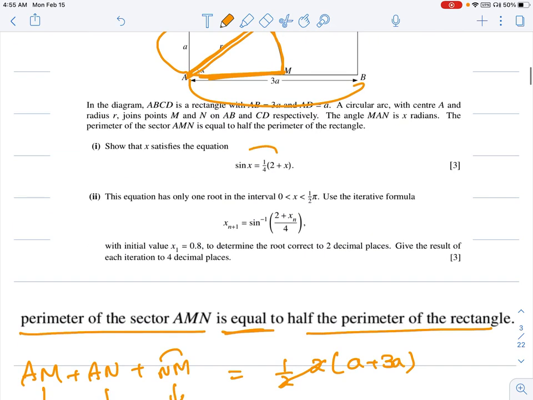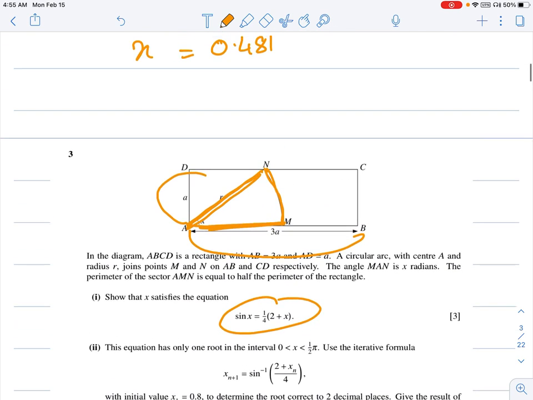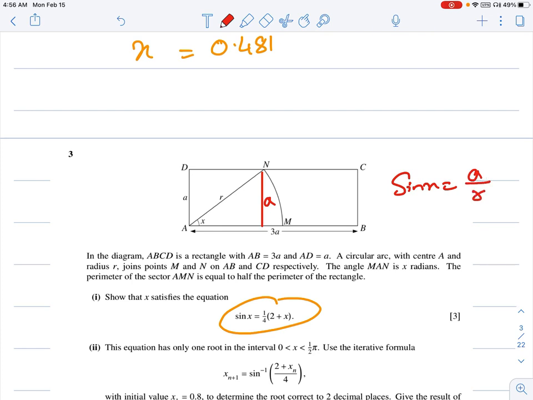But we have to get this formula. There is no r, so we have to eliminate r. So what am I going to do? I am going to eliminate r. So for that, I am going to draw a straight line. Now I see sine x is equal to A upon r. So r is equal to A upon sine x.